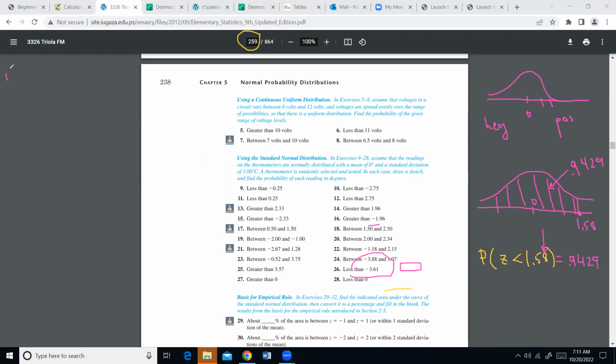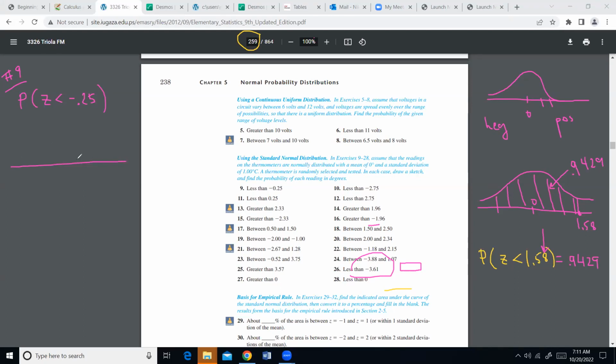So in exercise number 9, I want to write down the probability that z is smaller than negative 0.25.